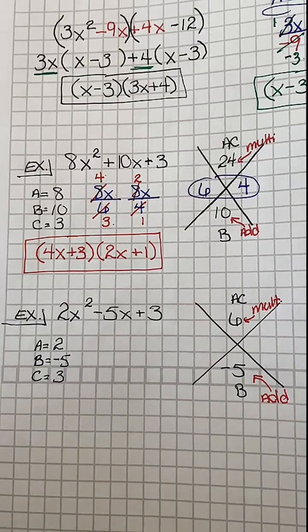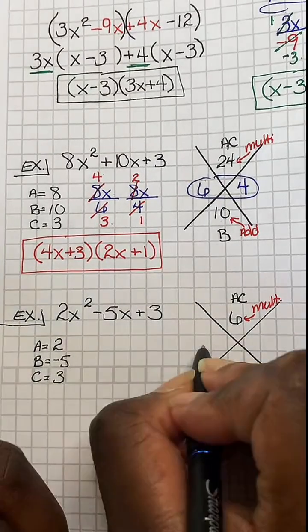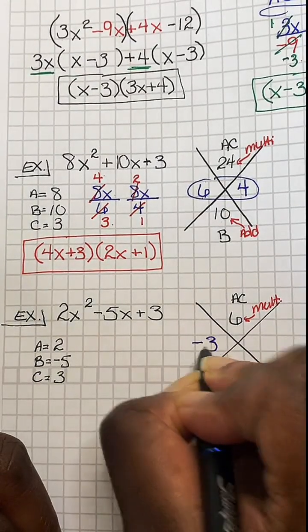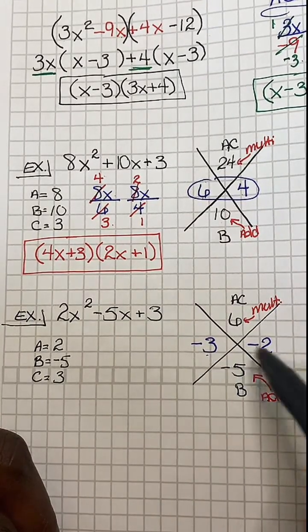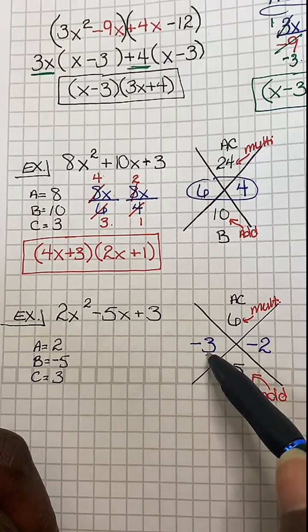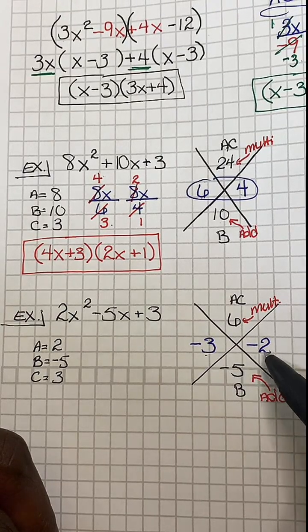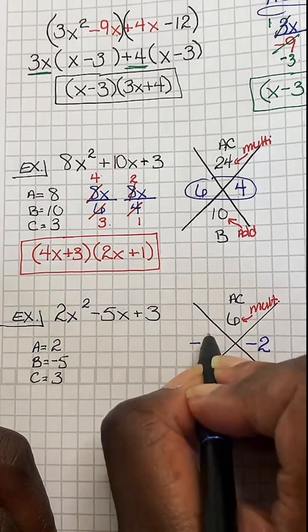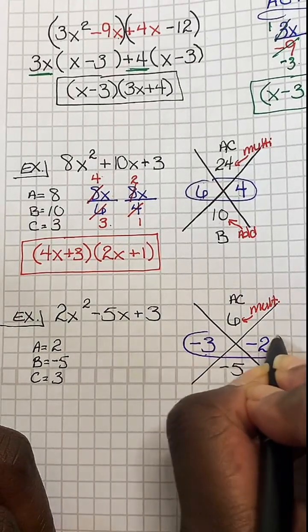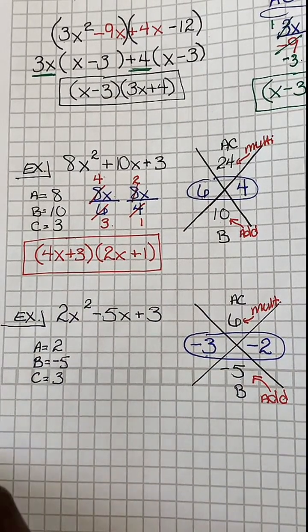I had a feeling. So we have our -3 and -2. Because negative times a negative gives me a positive. 3 times 2 gives me 6. -3 plus -2 gives me a -5. So that's why our two factors are going to be -3 and -2.